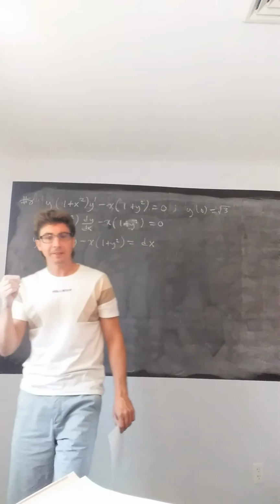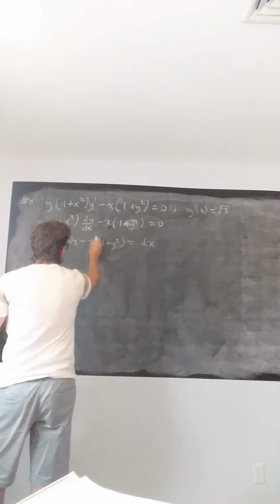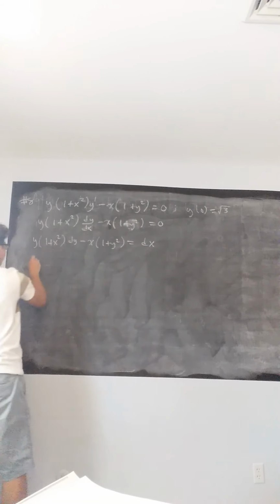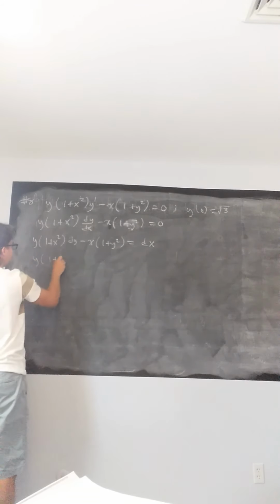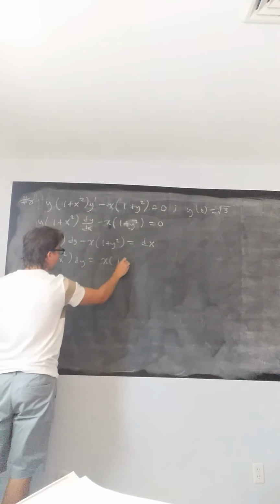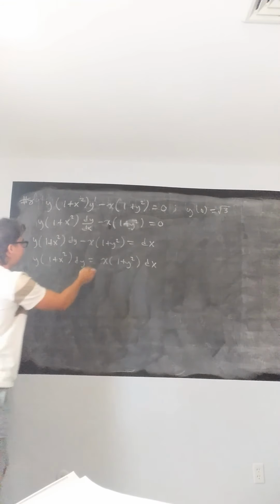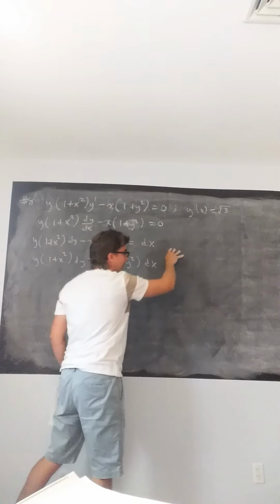Do you have an idea? We're going to take this guy and move it over to the right. So I got y times 1 plus x squared dy equals x times 1 plus y squared dx. This is one whole unit, so we move it over.